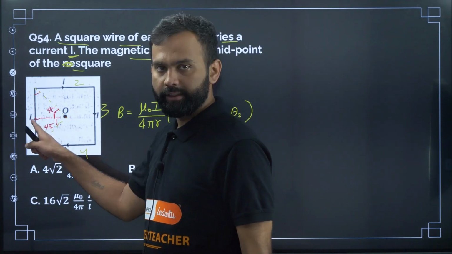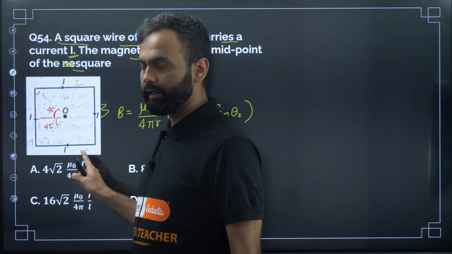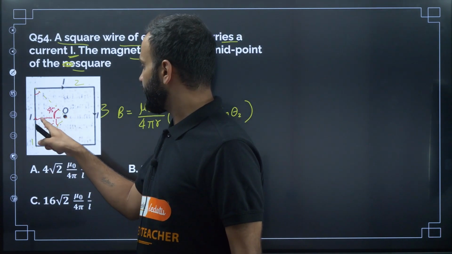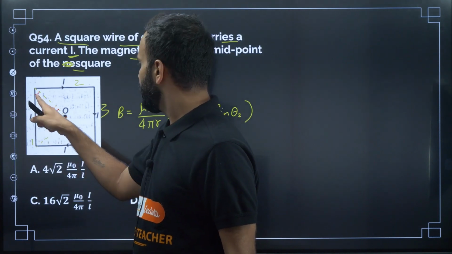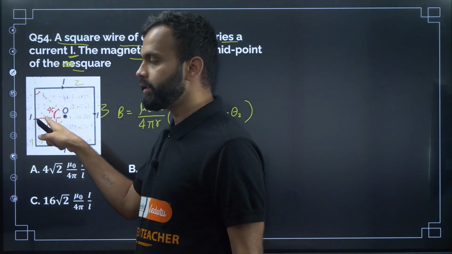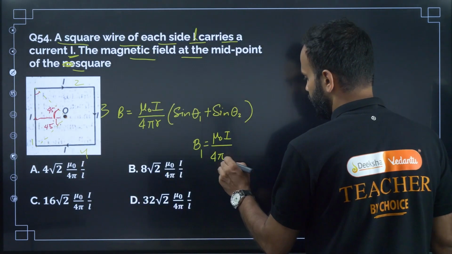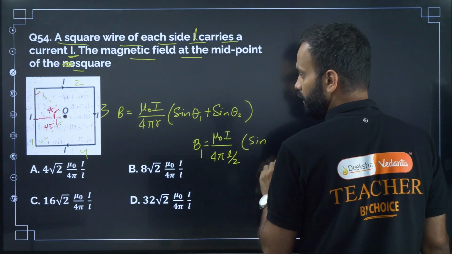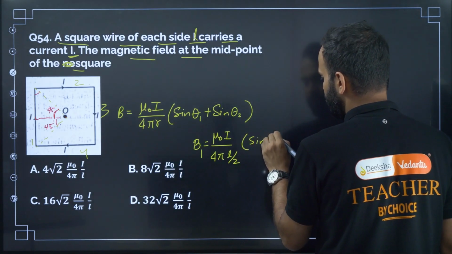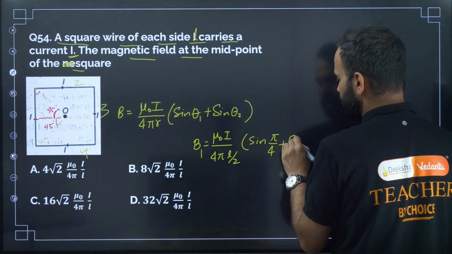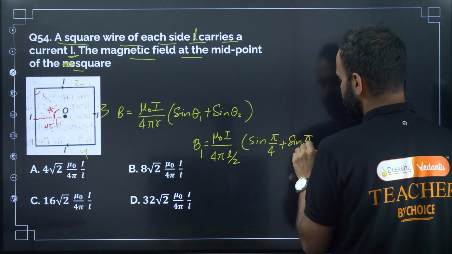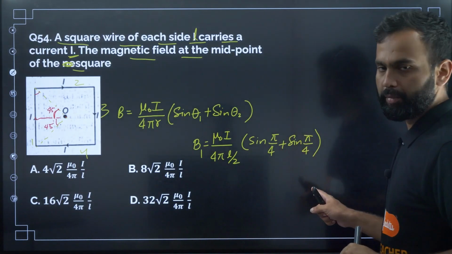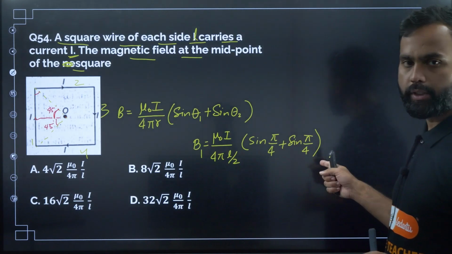So the side is L, and the distance from the wire to the center will be L by 2. Sine theta 1 is 45 degrees, that is pi by 4, plus sine pi by 4. Sine pi by 4 is 1 by root 2. So 1 by root 2 plus 1 by root 2 is 2 by root 2, and 2 by root 2 is root 2.